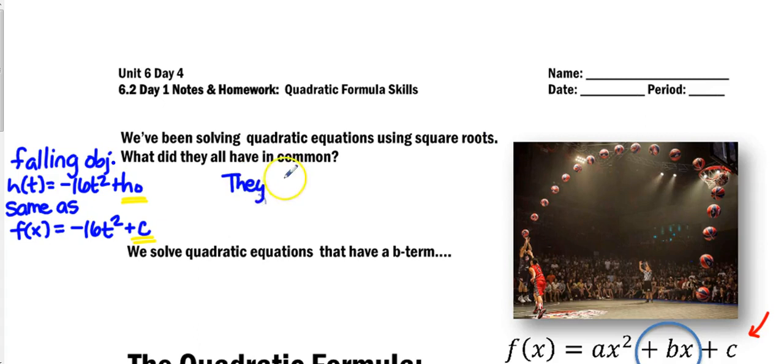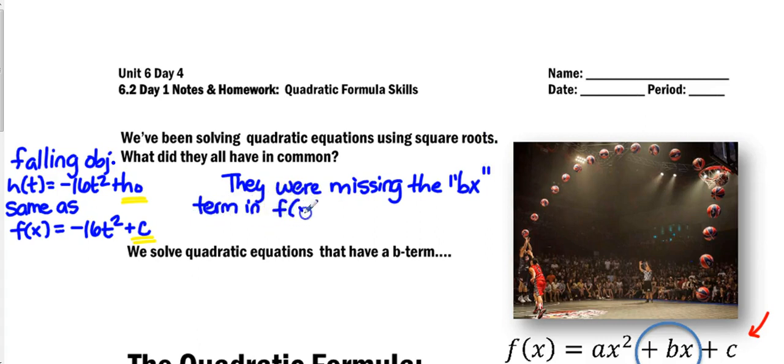all of those models are missing the same thing. They were missing the bx term in our original parent quadratic, so to speak, ax squared plus bx plus c.